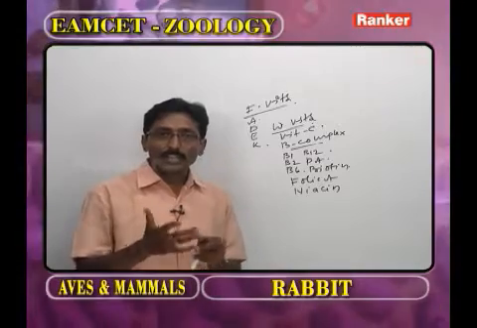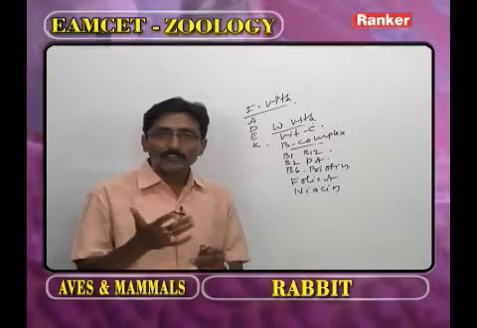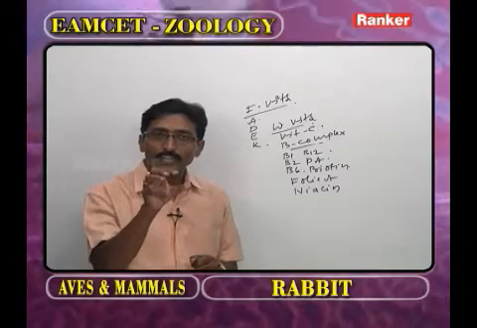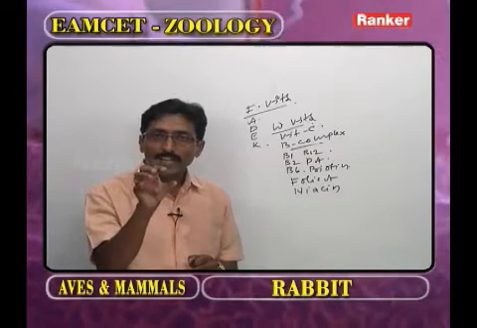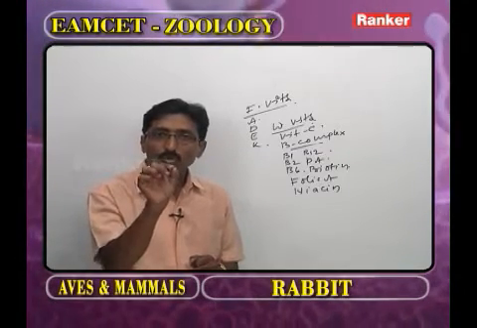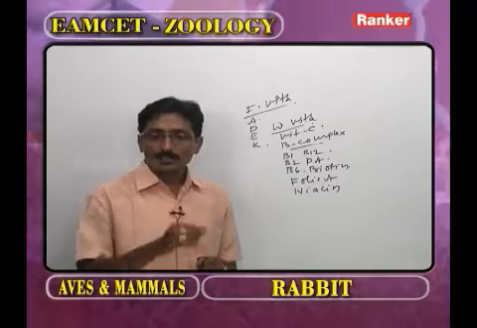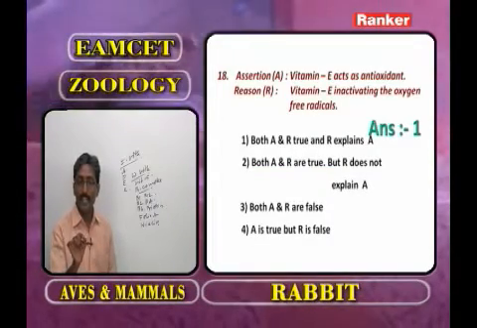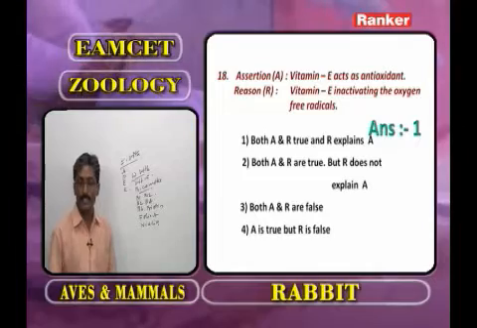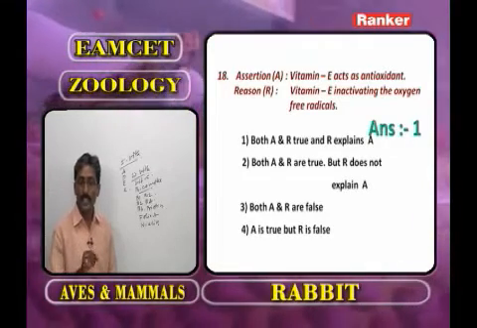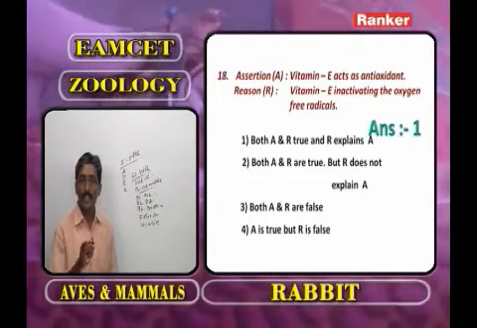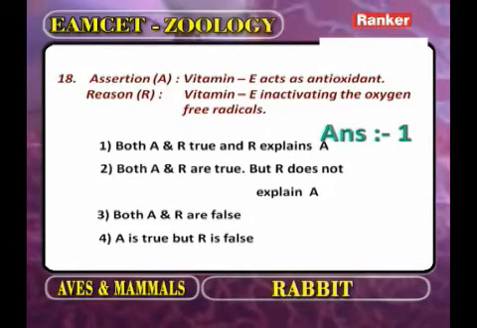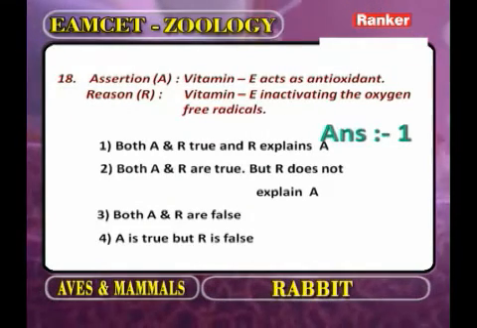If they are not inactivated, they accumulate in the tissues. Later, they become stones. So vitamin E acts as an antioxidant. Reason: it inactivates the oxygen free radicals. So both are correct, and the reason explains the assertion. Now we go for the next question.